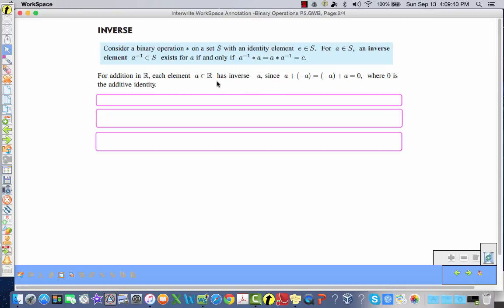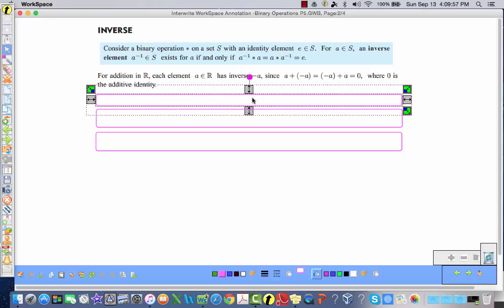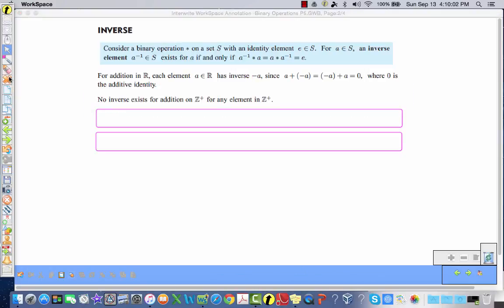Think of a real number like 3. Well, if I take 3 and then add negative 3, I get 0. And the same if I use the commutative property, I would still get 0. So that's why every element in the real numbers has an inverse. Okay, that's an important distinction too. We'll get to that in a second.